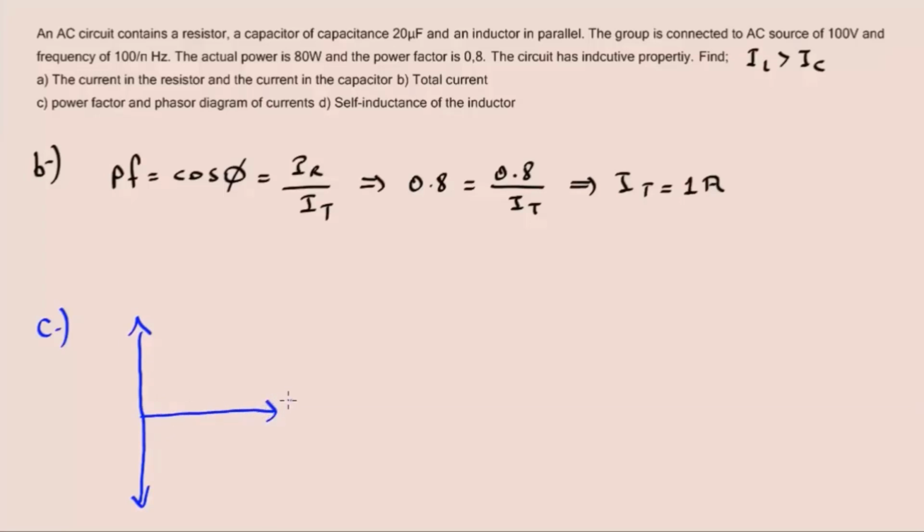This is IR, IC, and IL. The question says the circuit carries the inductive property. So I total is going to be in the fourth region. This is the phase difference angle.